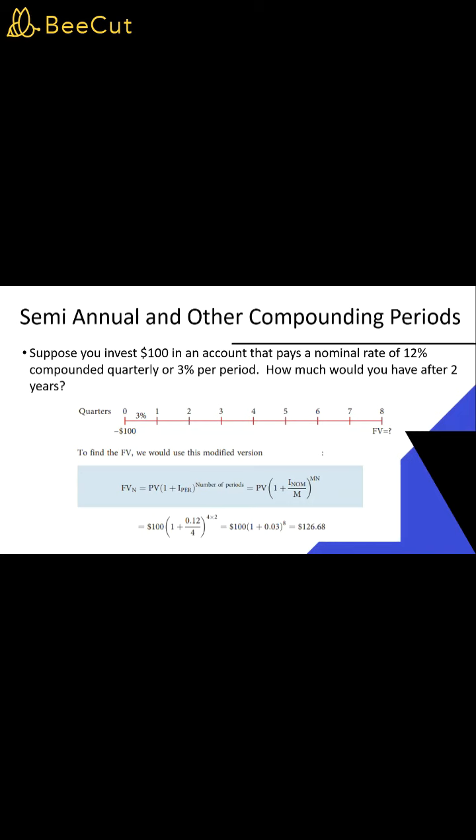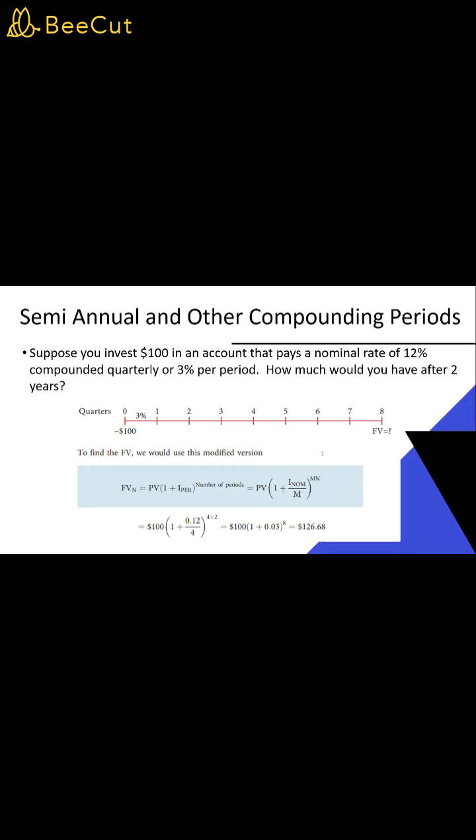Okay, so in this particular situation, we are being told that it is being compounded quarterly. That means 4 times a year, the interest rate is being compounded for 2 years.